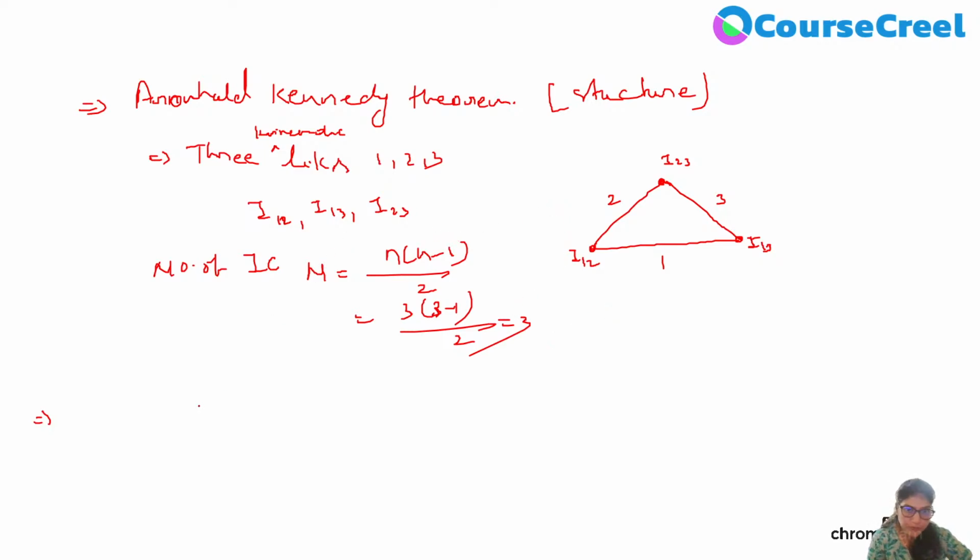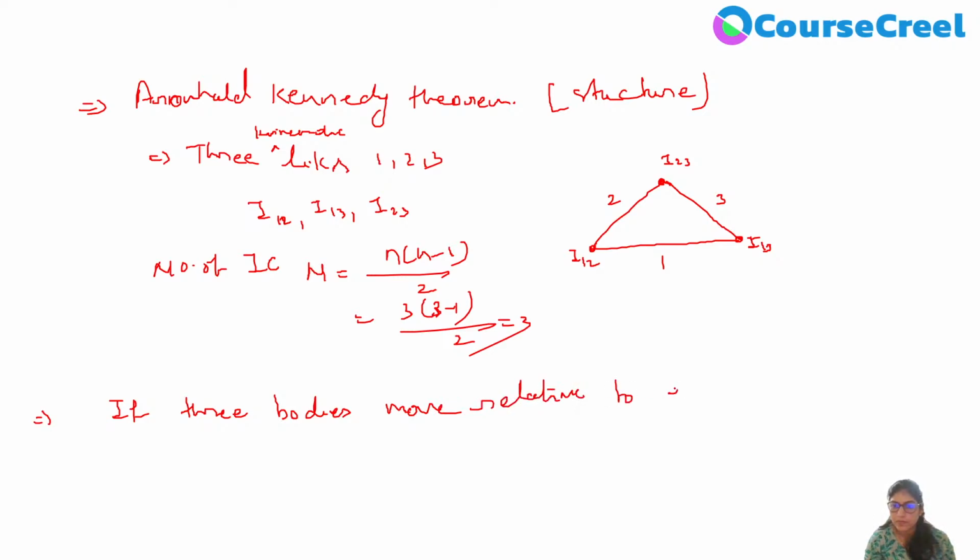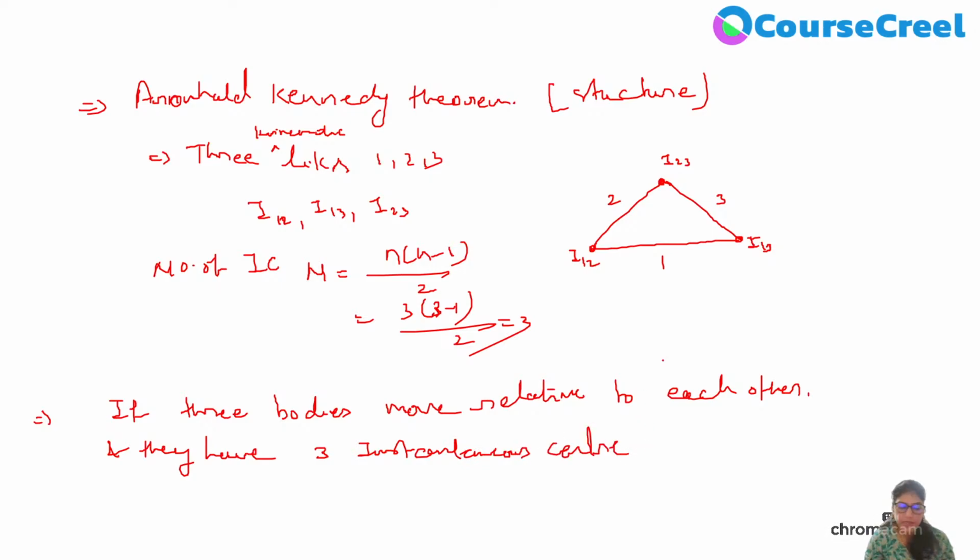Okay, so यहाँ पे मैं लिख देती हूँ, if three bodies or links move relative to each other, and they have three instantaneous centers, if they have three instantaneous centers, so all centers will lie on same line.